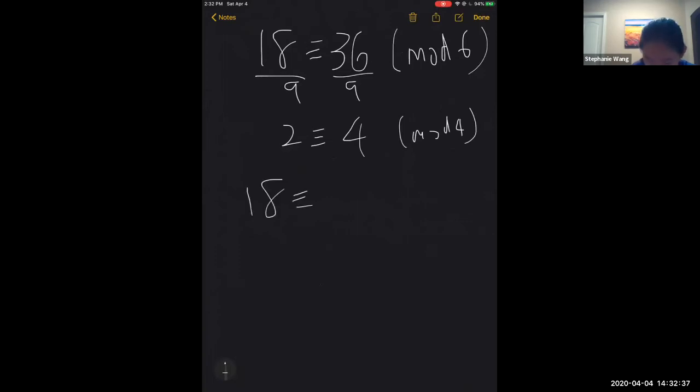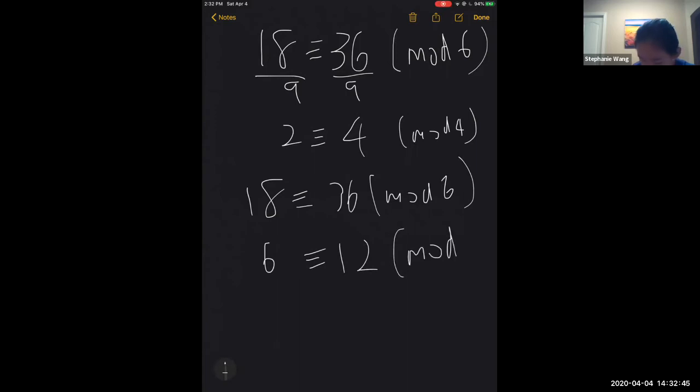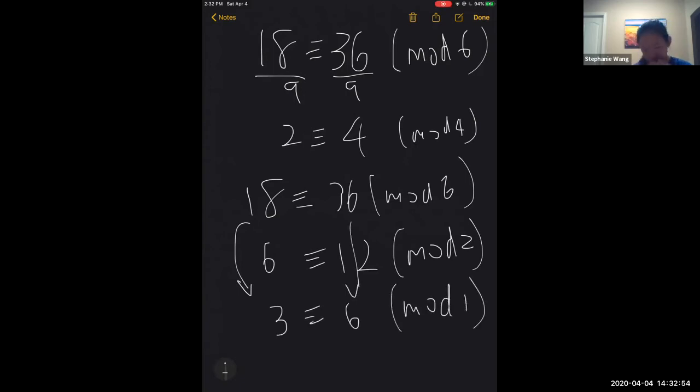So if we have 18 is congruent to 36 mod 6, we can divide everything by 3. So we get 6 is congruent to 12 mod 2. Or we can divide everything by 6 if we want. So we get 3 is congruent to 6 mod 1. That would also work, as long as we can divide everything, including the mod, by that number.